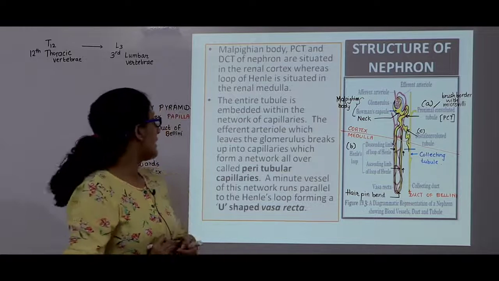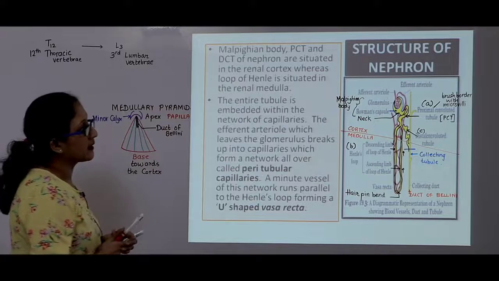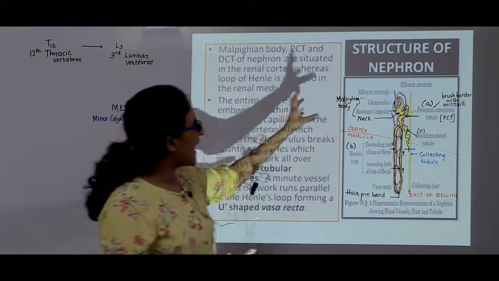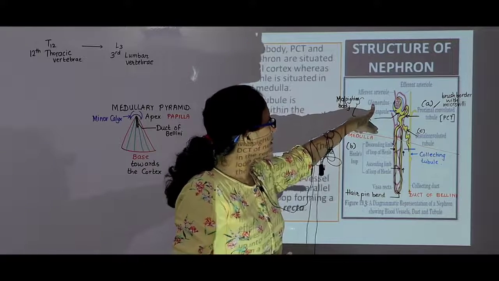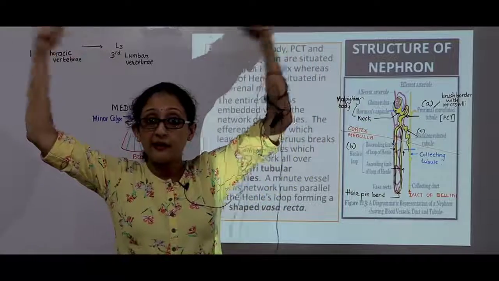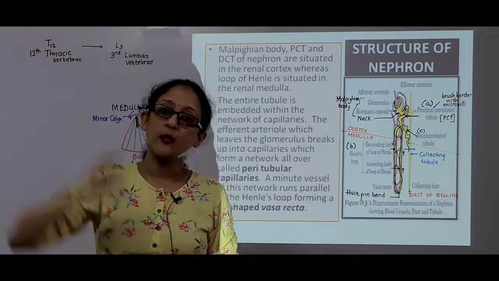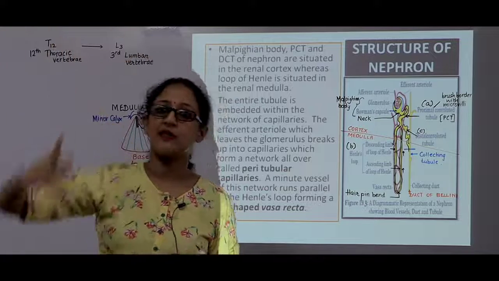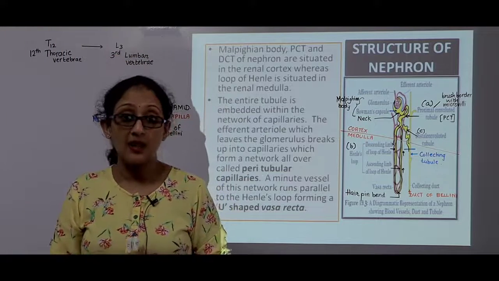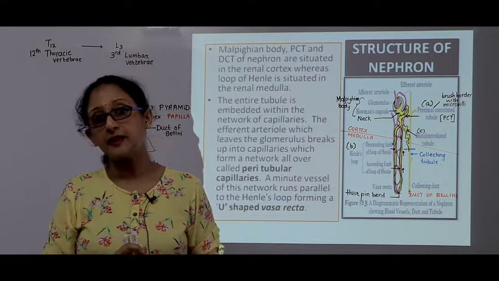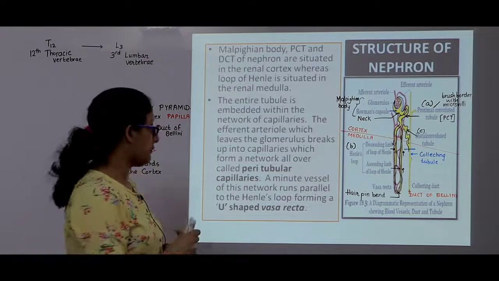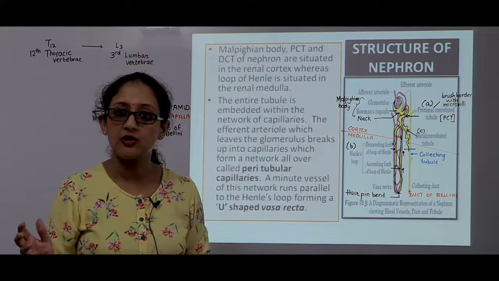So, now understand the next part of it. If you look closely in the diagram, that glomerulus has two blood vessels coming from top. So, there is one blood vessel which gets the blood into each nephron, that is called the afferent arteriole with an A. Now, do you know English language?